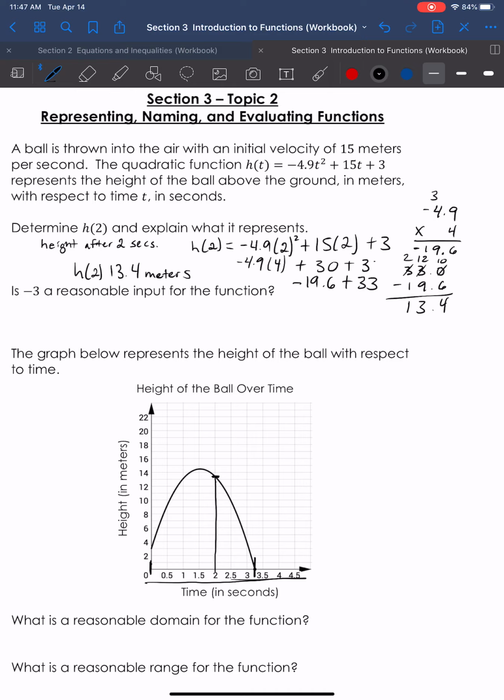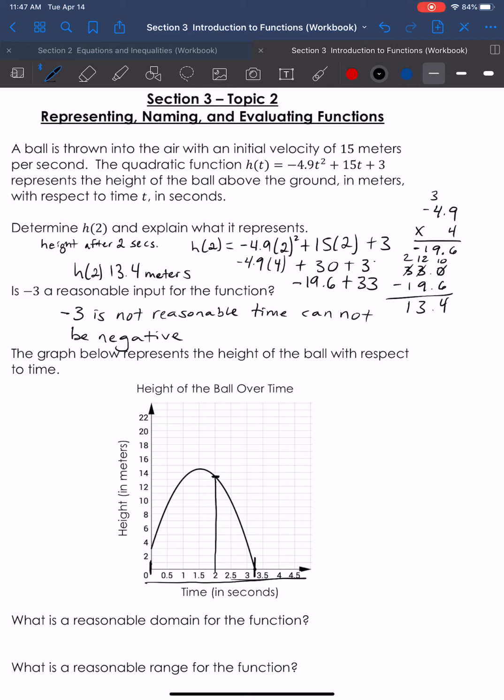So negative 3 would not be reasonable because time cannot be negative. Alright, so negative 3 is not reasonable.